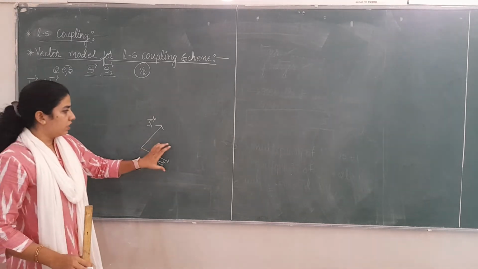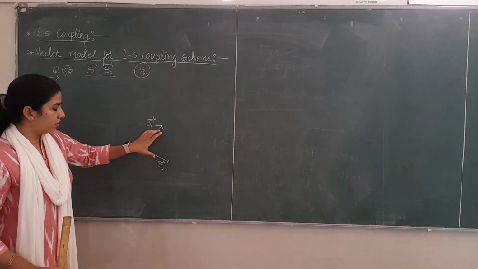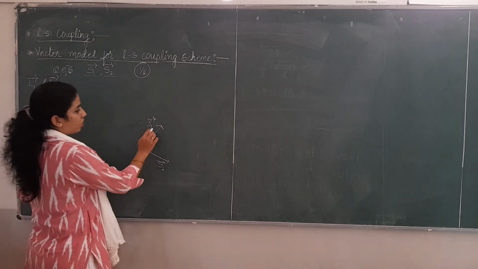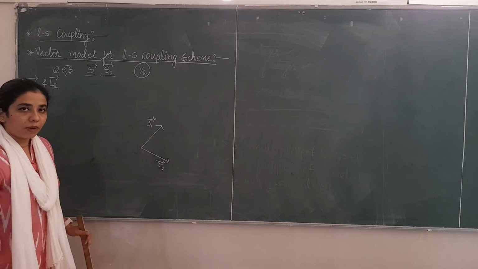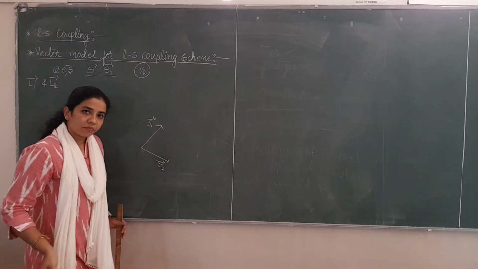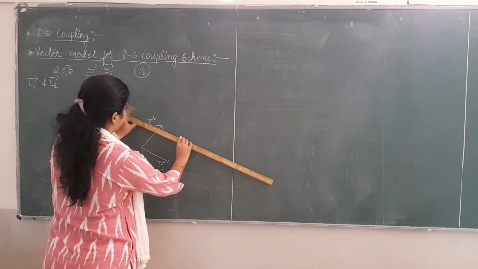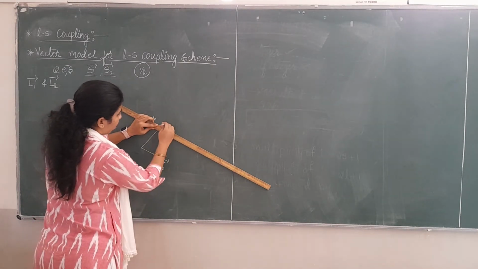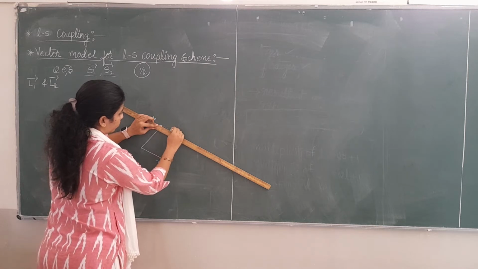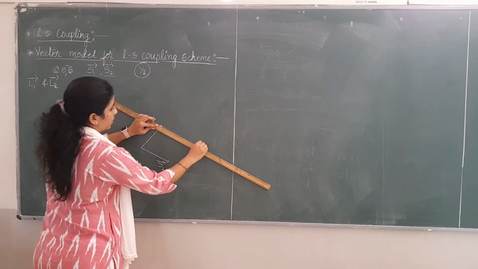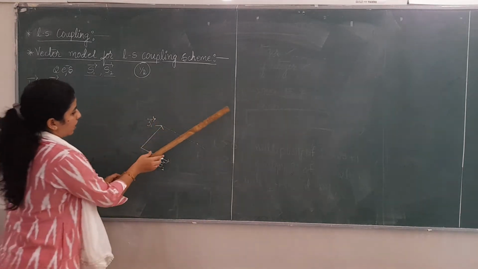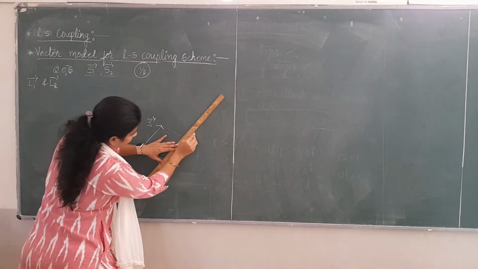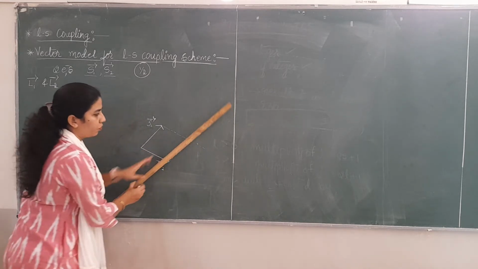The two vectors we have taken here are going to give a resultant. How can I draw the resultant of these two vectors? By completing this parallelogram. I can complete the parallelogram by drawing a line parallel to S2 from the tip of S1, then a line parallel to S1 from the tip of S2.